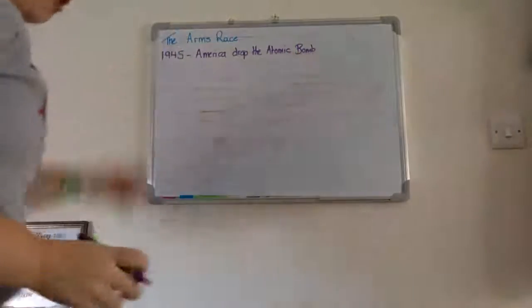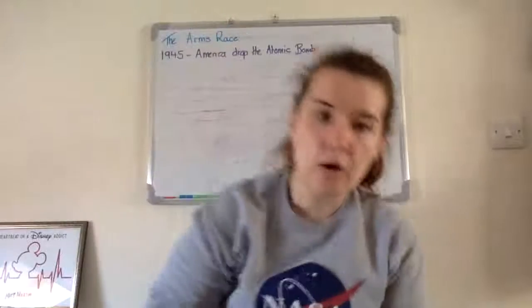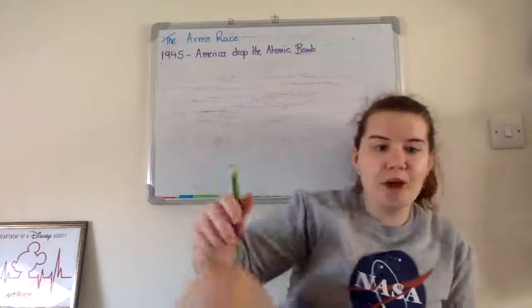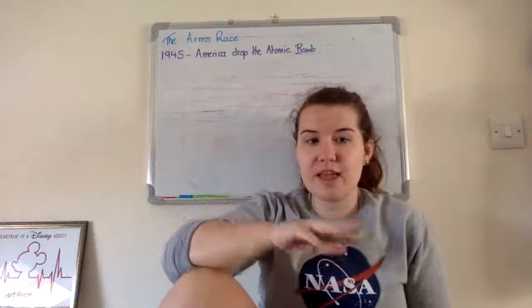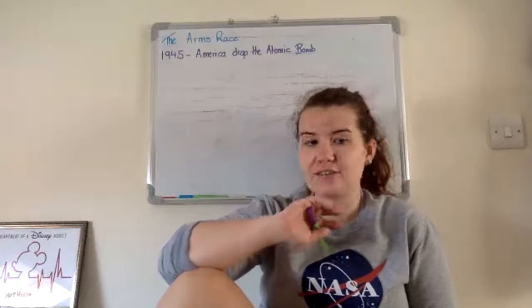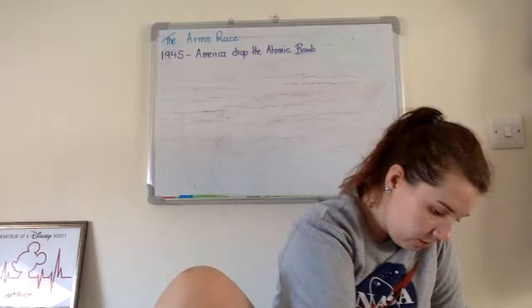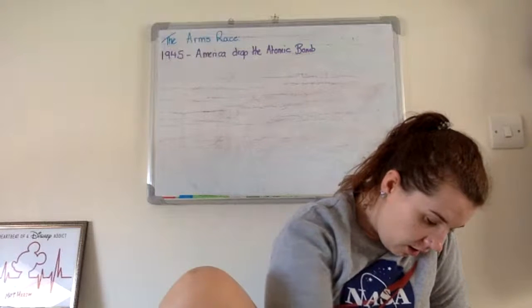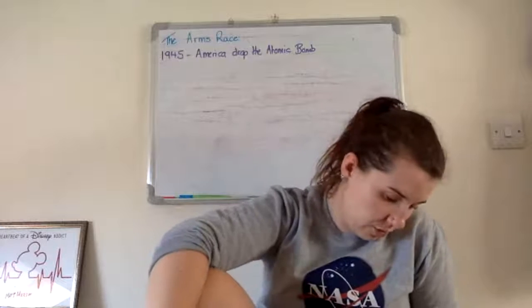So they dropped the atomic bomb. Now they do that on the 6th of August. It is your job to find out where they drop it, which one they drop it on. Is it Nagasaki? Is it Hiroshima first? So it was on the 6th and the 9th of August, all right?